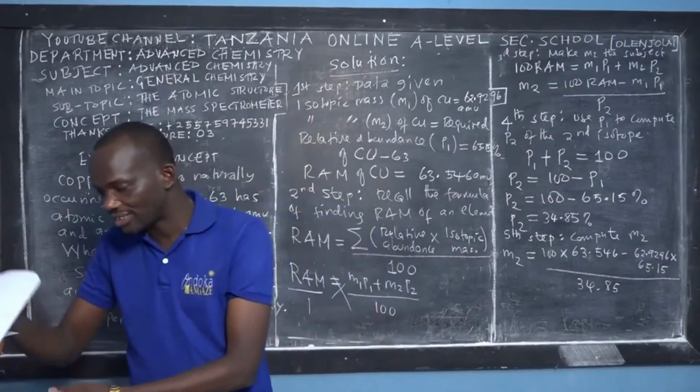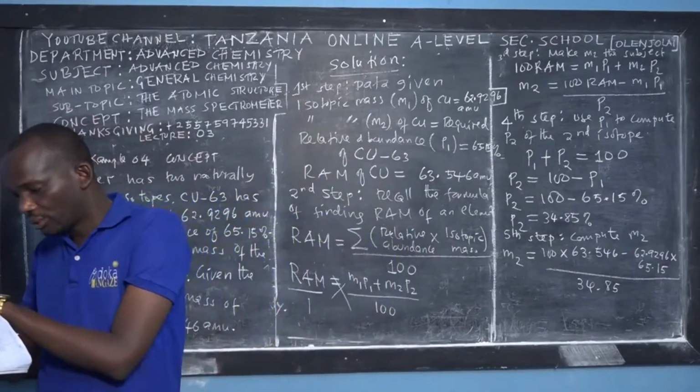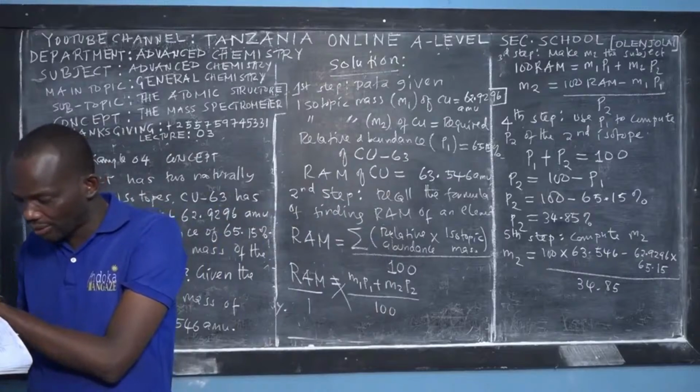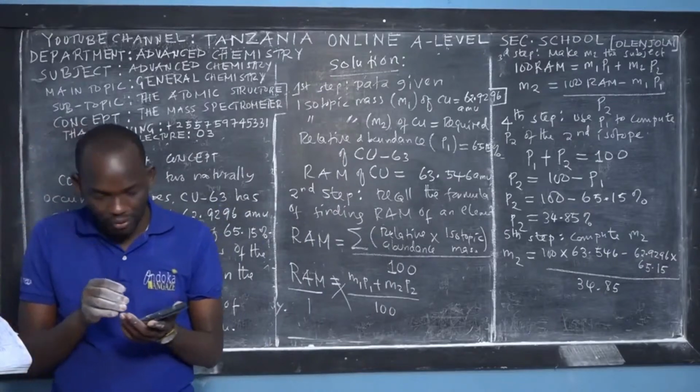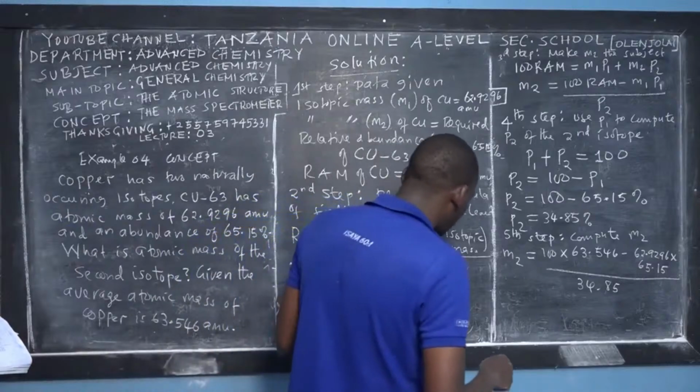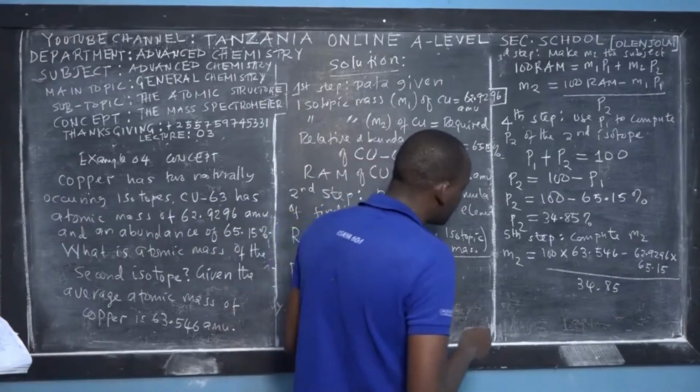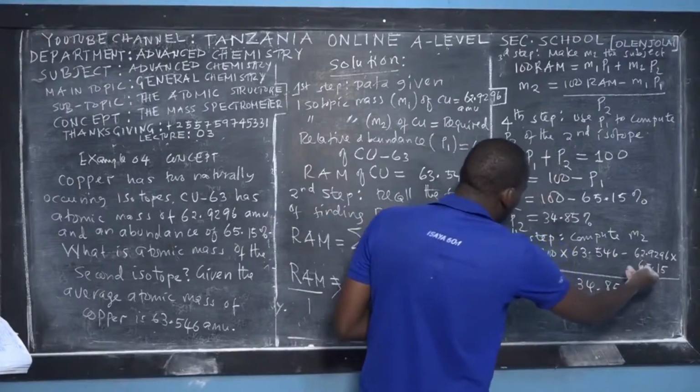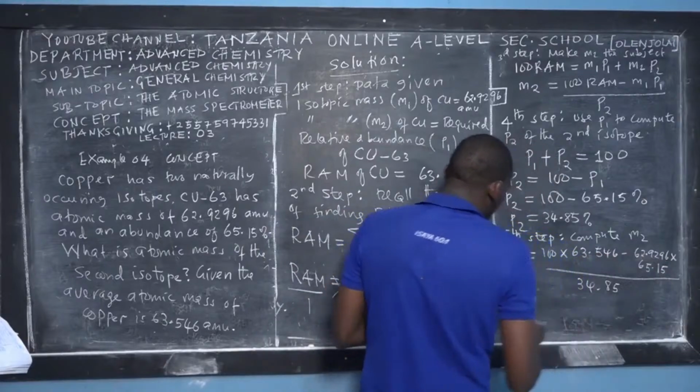You just use your scientific calculator, which I believe you bought purposefully, and one of its purposes is to help you with computation like this. To simplify, we find this product, and then we take this product minus this one.